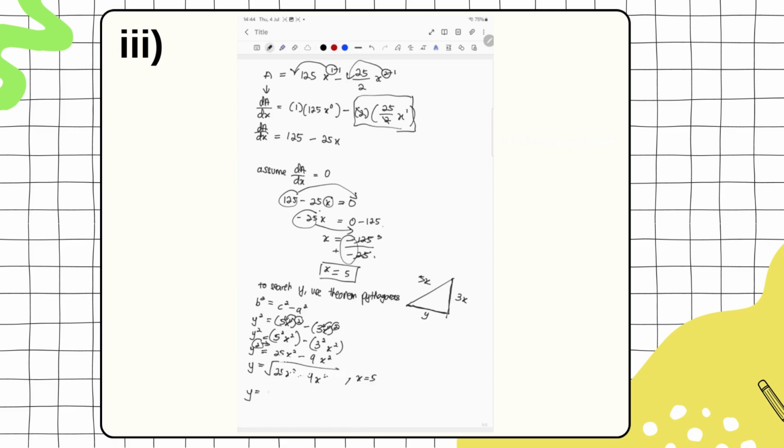So we will get y equal to the square root of 25 times 5 squared minus 9 times 5 squared. 25 times 25 is 625, and then 9 times 25, I'm sorry, it's actually 9 times 25 is 225. Then we got square root of 400, and square root of 400 is 20. Therefore our y is 20.